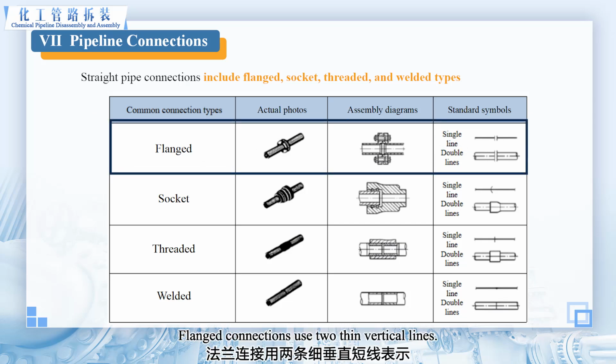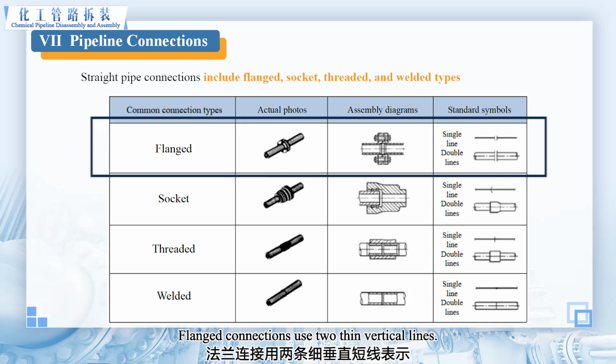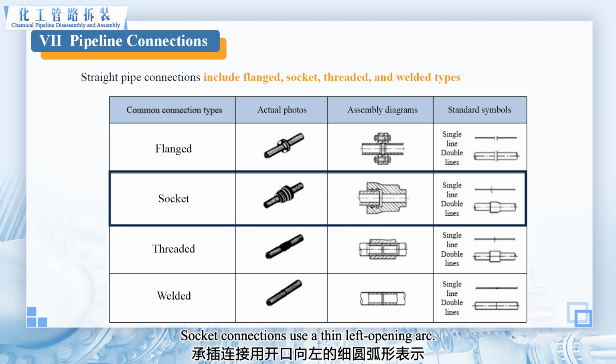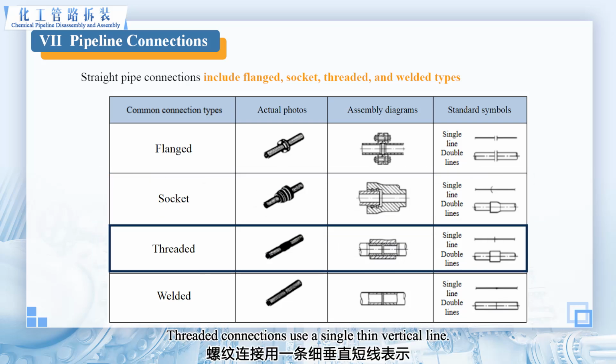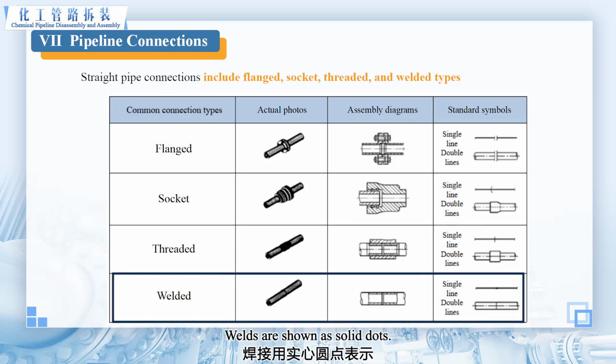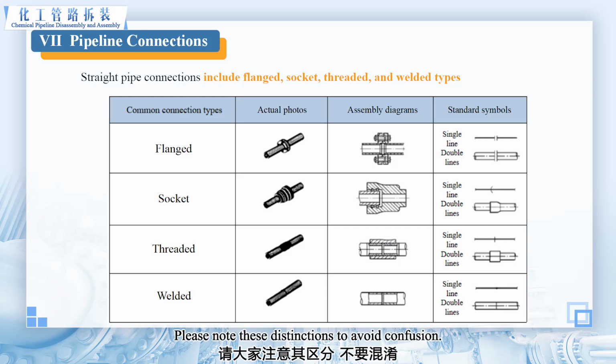Flanged connections use two thin vertical lines. Socket connections use a thin left opening arc. Threaded connections use a single thin vertical line. Welds are shown as solid dots. Please note these distinctions to avoid confusion.